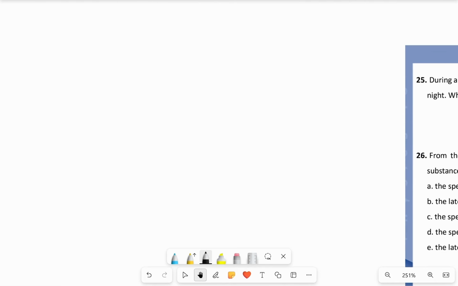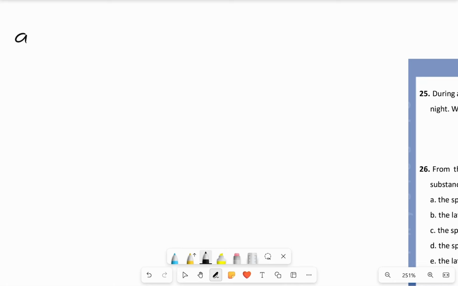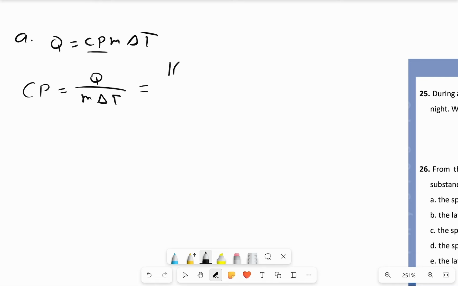Now, let's solve A. Q is equal to Cp mass delta T. I'm going to find the specific heat capacity. So Cp is going to be Q divided by mass times delta T. Q is equal to what? 16.6 times 10 to the power of 3 minus 12 times 10 to the power of 3.